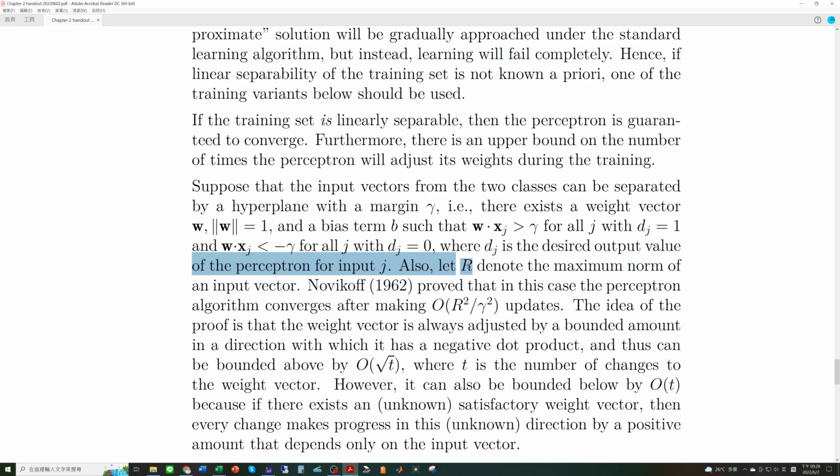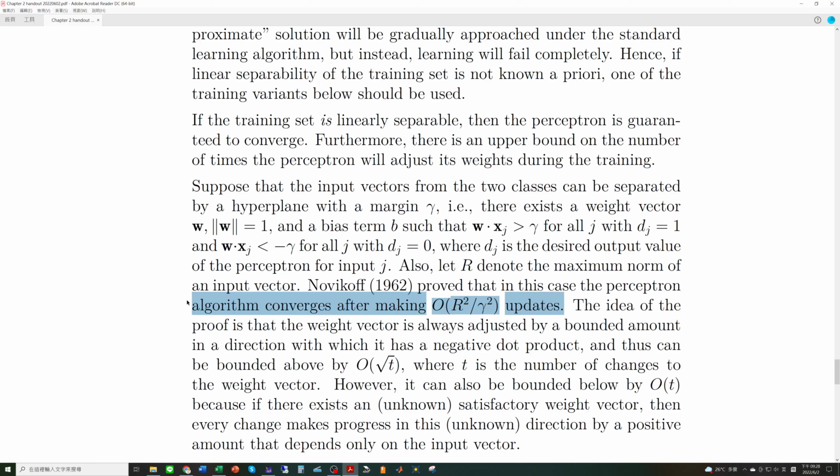Also, let capital R denote the maximum norm of an input vector. Novikov in 1962 proved that in this case, the perceptron algorithm converges after making big O of R squared over gamma squared updates.